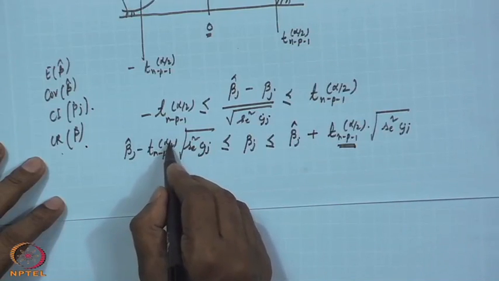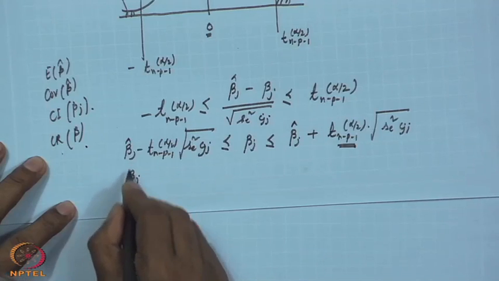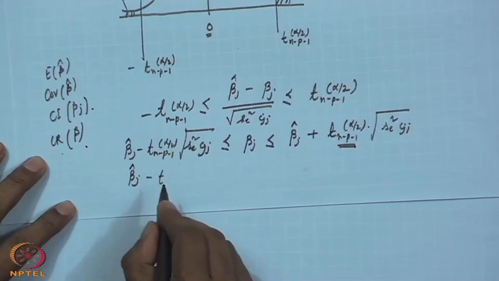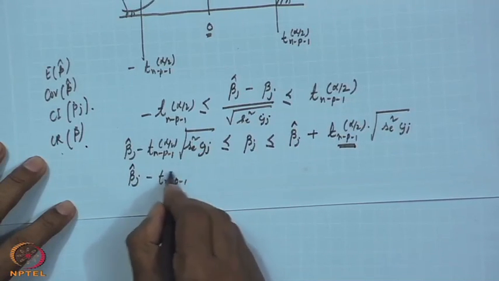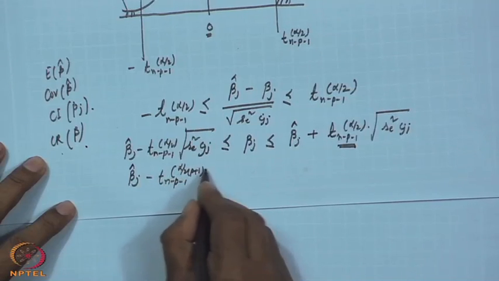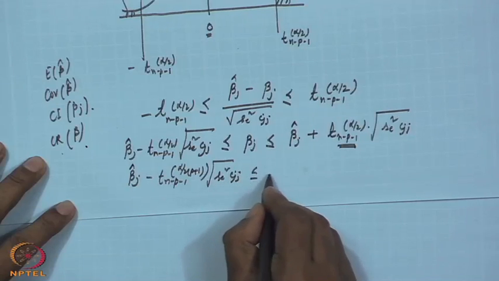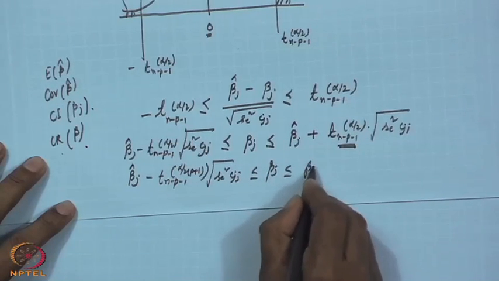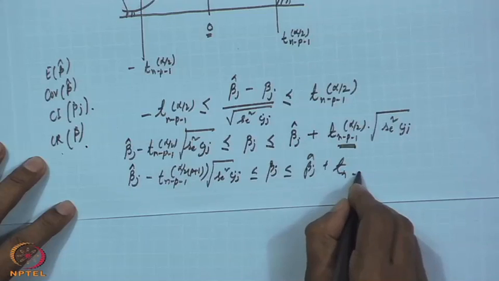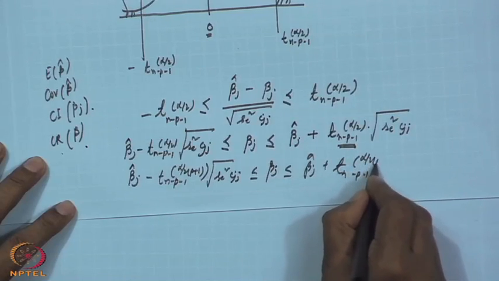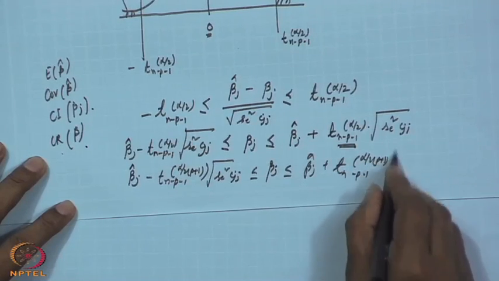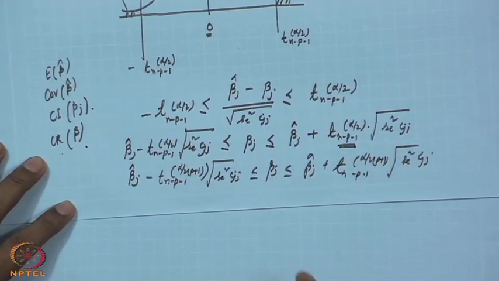Only thing is that this will not be alpha by 2, it will be alpha by 2 into the number of parameters, p plus 1. Okay. So, that means this will be beta j cap minus t n minus p minus 1 alpha by 2 into p plus 1, square root of s square C j j, less than or equal to beta j, less than or equal to beta j cap plus t n minus p minus 1 alpha by 2 into p plus 1, square root of s square C j j.